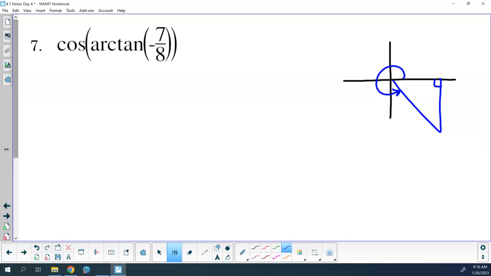Because we're looking right half of the unit circle. Tangent is opposite over adjacent. So this would be -7. That would be 8. The Pythagorean theorem would say 8 squared plus -7 squared is c squared. 64 plus 49 is c squared. 113.